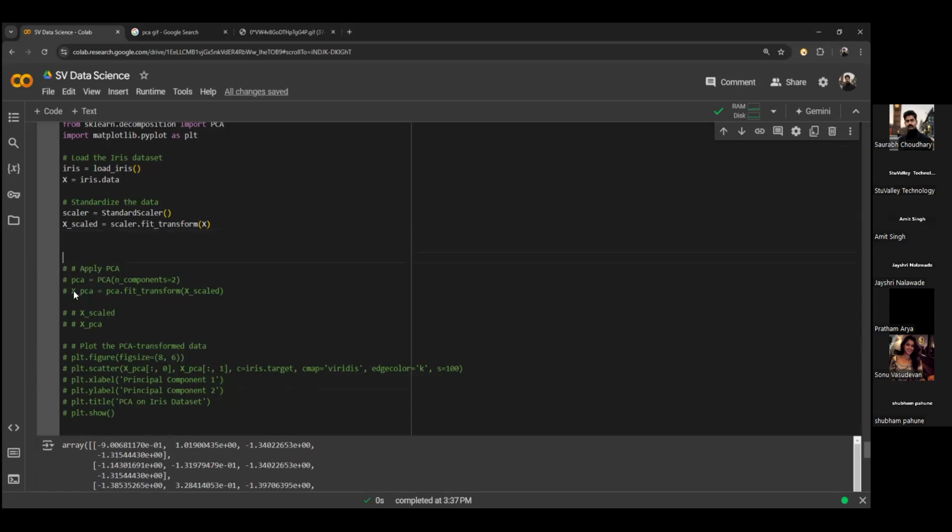Okay, next let's try to make our principal component analysis with n components 2. So basically it is asking how many PC lines you want to create. We will see 2D PCA, and then we will write fit transform.